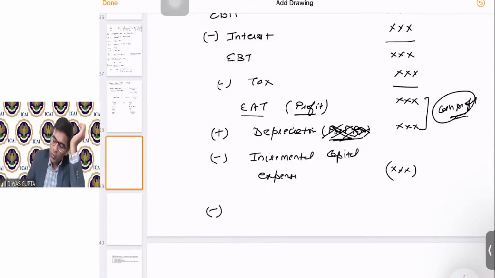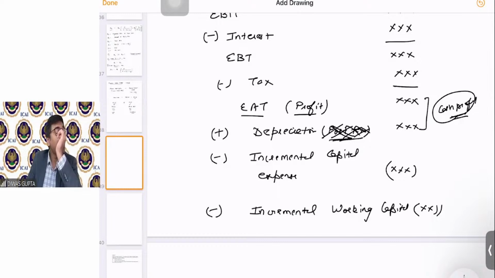And you will also use that amount for the incremental working capital, because if your business is expanding, you will need higher amounts for working capital. Correct? You will need higher amounts for working capital.